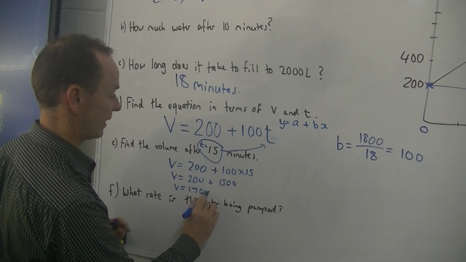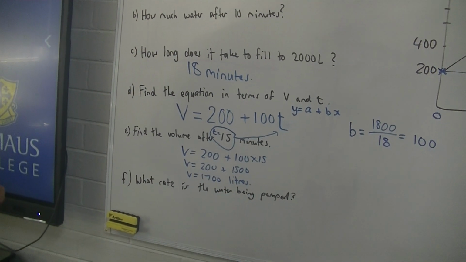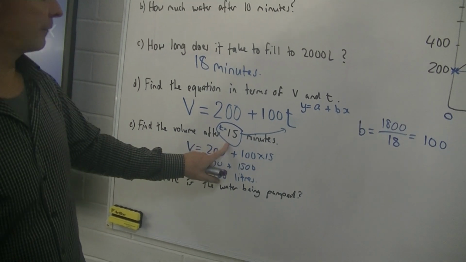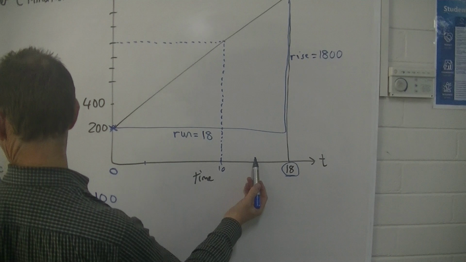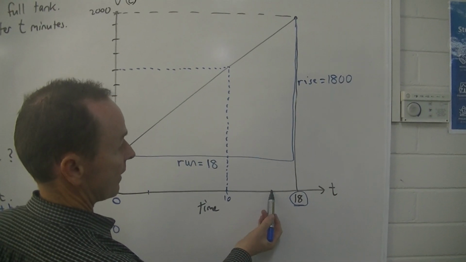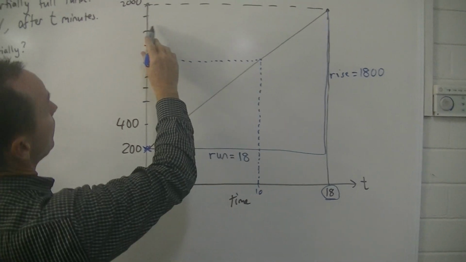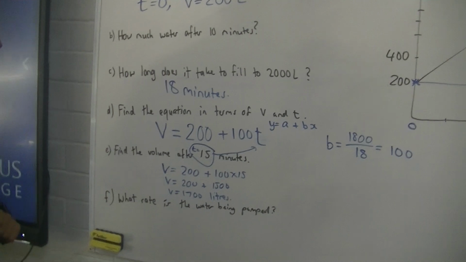Volume is 1700. And write the word litres. Always make sure it's a sensible answer. Remember, use common sense. After 15 minutes, is it 1700 litres? Let's look over here. After 15 minutes, so it's about there, is it? Yep, it's nearly full. So it's a sensible answer.